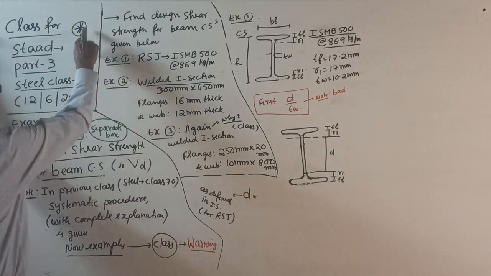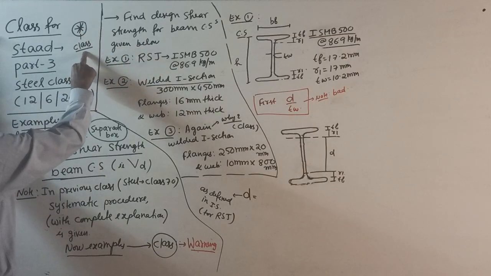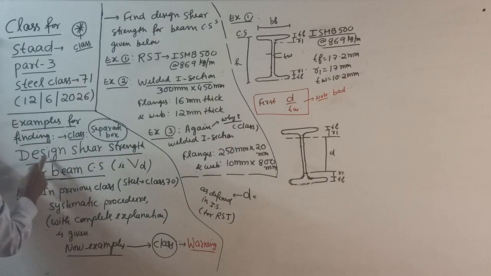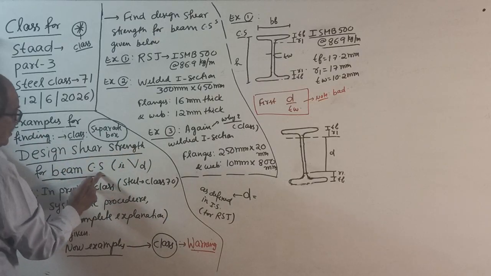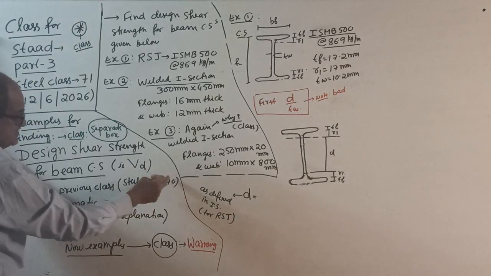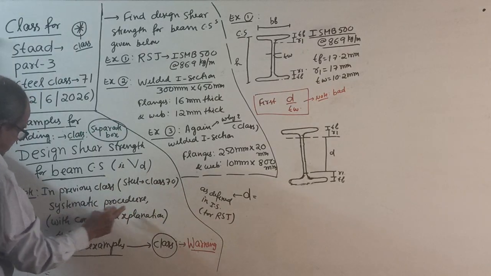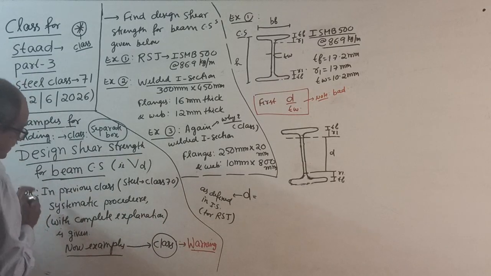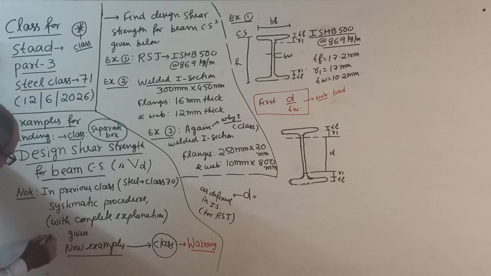I told you the star is information for you. So, examples for finding design shear strength for beam cross section, that is called VD. Note that in the previous class, steel class 70, the systematic procedure with complete explanation was given.